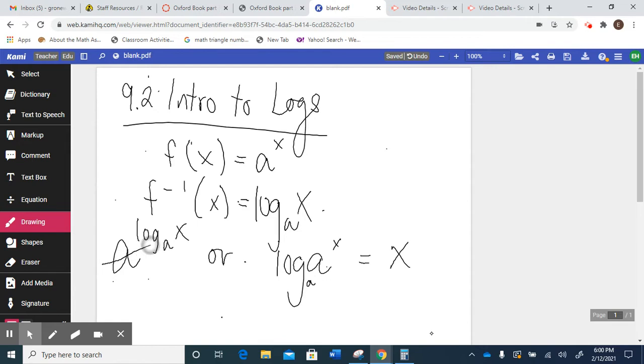So this would cancel here, a base a exponential and a base a log, or vice versa, a base a log and a base a exponential. Okay. So in this section, we're learning how to use the logarithm to cancel out an exponential when we can't use a change of base where we're matching the powers.